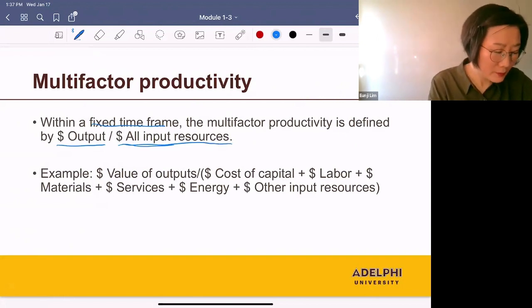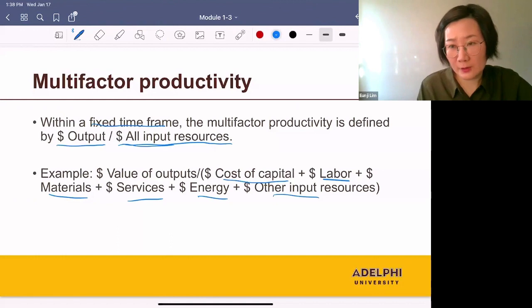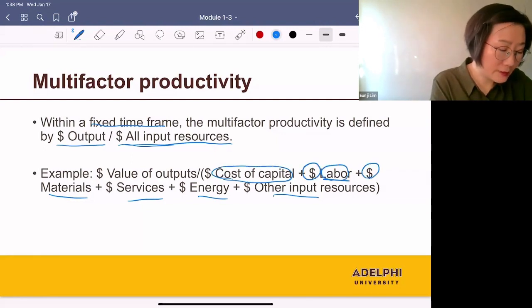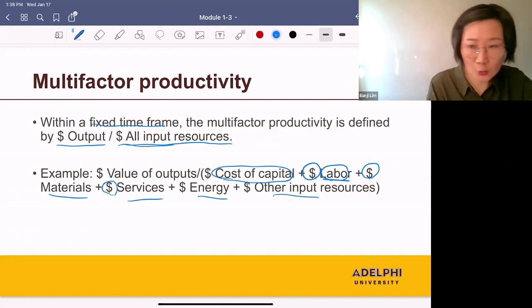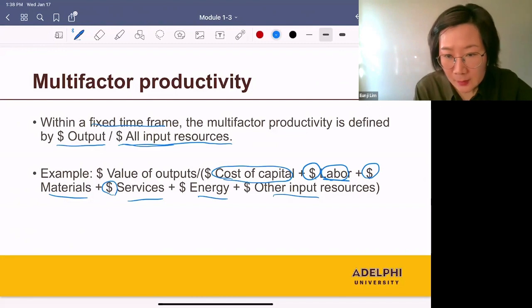So for example, the input resources could be labor, materials, services, energy, etc. And these input resources have different units, so we can't add them directly. So we have to convert each of them into the dollar value, and then you can add all of them. That's the total dollar value of all the input resources.